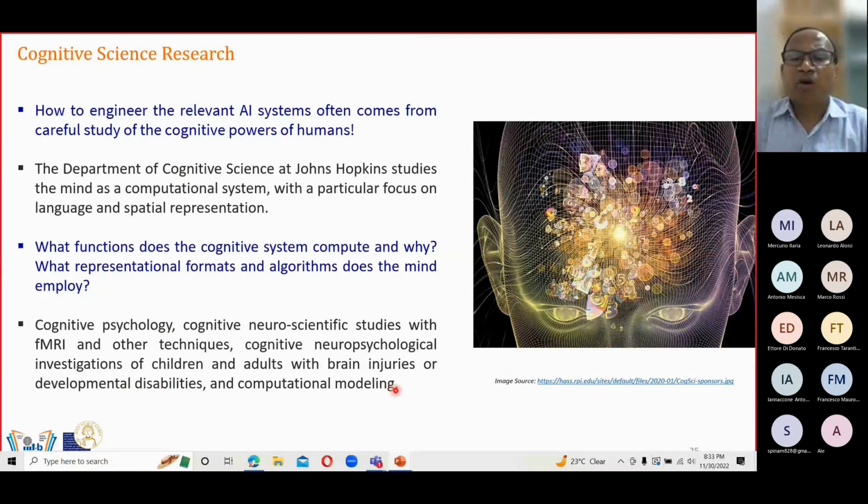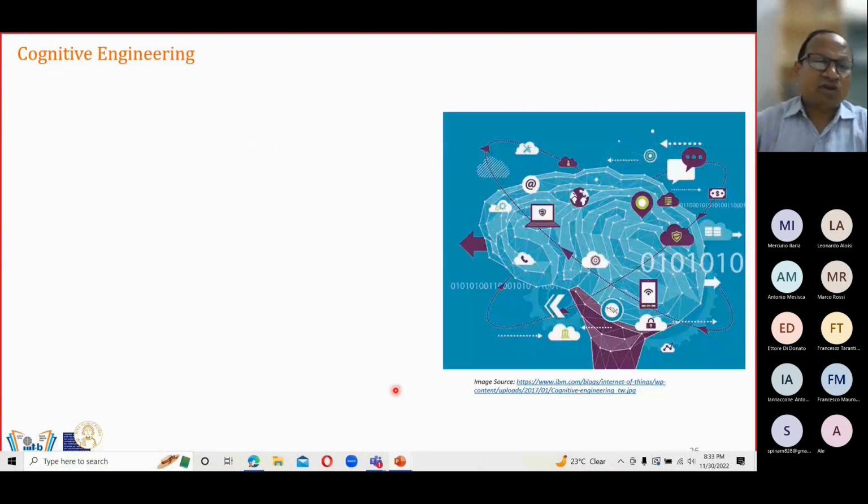Even before a child is born, what is the cognitive developmental process, whether the development of cognitive functionalities is proper or not. There is research going on even before the birth of a child. That kind of research is also happening.